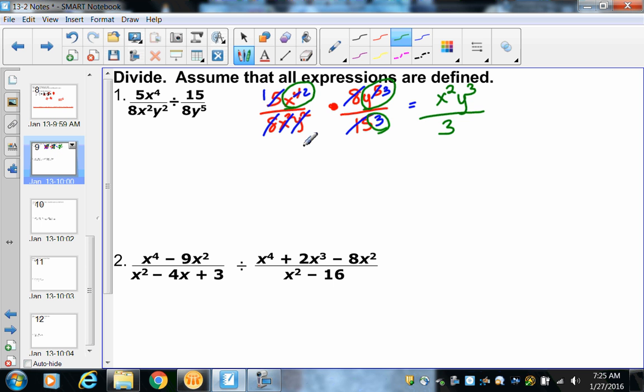Again, if you couldn't do that, then you could multiply straight across from the beginning. So 5 times 8 would be 40, x to the fourth and y to the fifth.